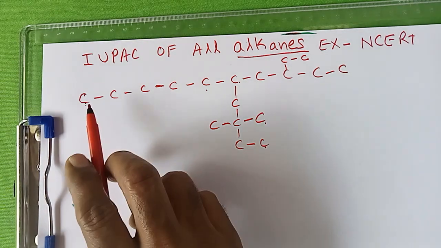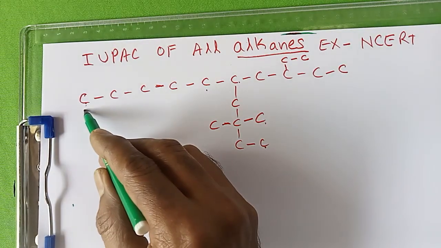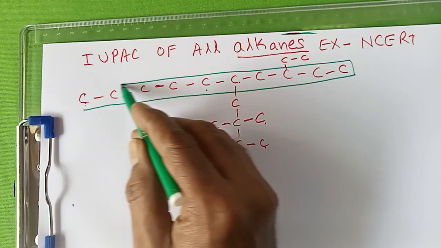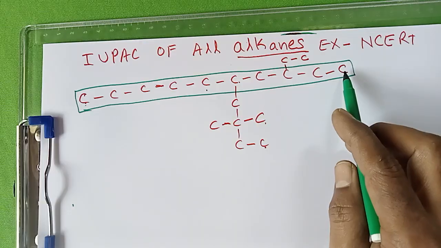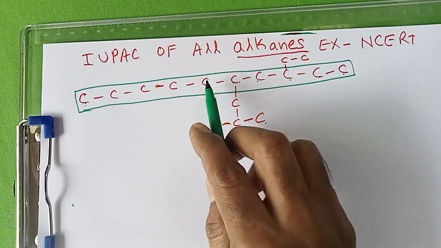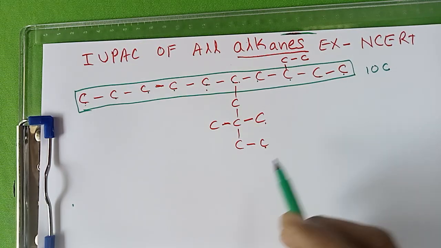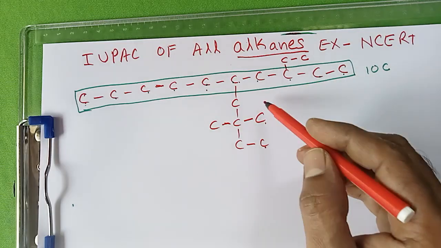In this one, first if I select the parent chain as this, just assume this green marker, it is selected as the parent chain, because how many carbons are there? 1, 2, 3, 4, 5, 6, 7, 8, 9, 10 carbons. 10 carbons parent chain. Here, how many branches are present?